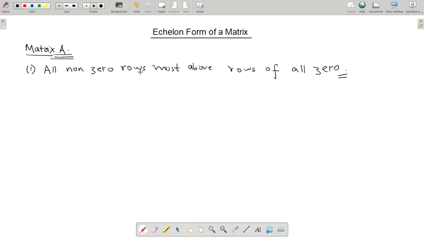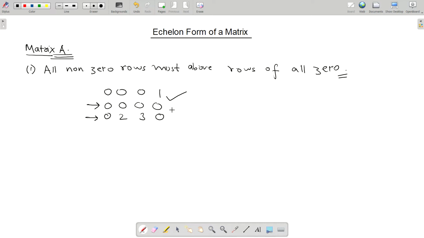So it means if we have a matrix, suppose one of our rows is 0 0 0 1, and another row is 0 0 0 0. So this is echelon. But if there is another row which is like 0 2 3 0, then this is not echelon, because this is a zero row and this is a non-zero row.